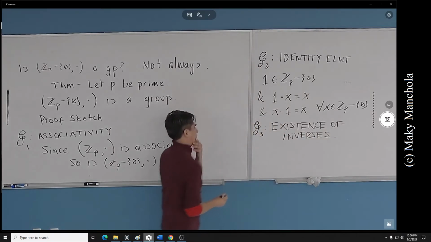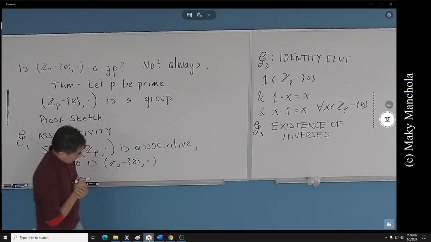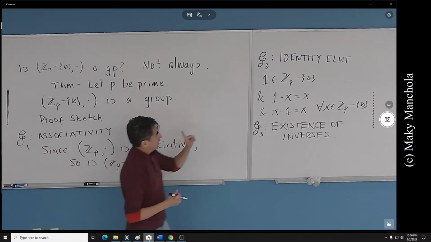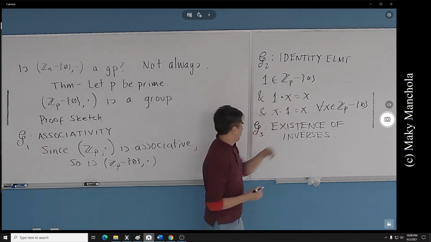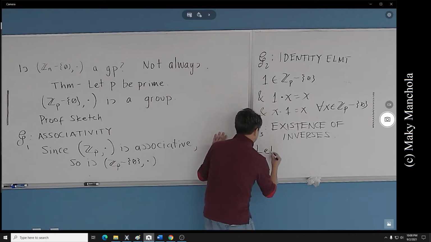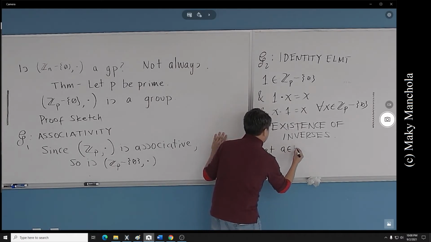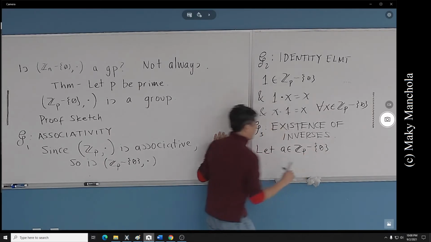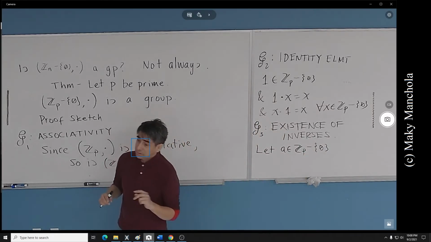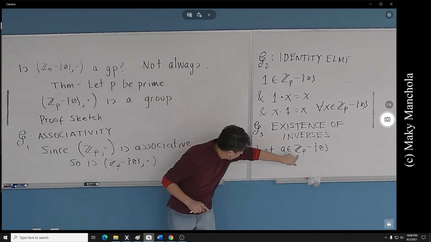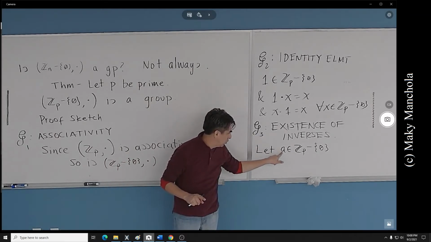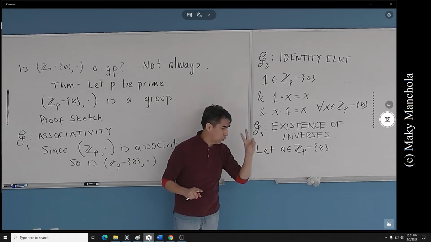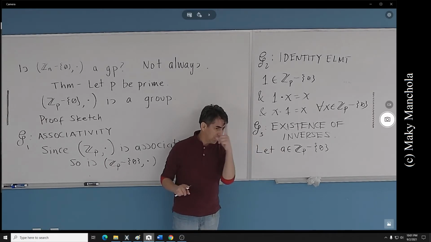Okay, so let's pick an element in our set. Let A be an element in ZP excluding 0. What we want to show is that there is some other element still in this set such that when you multiply these two together, you get the identity 1.